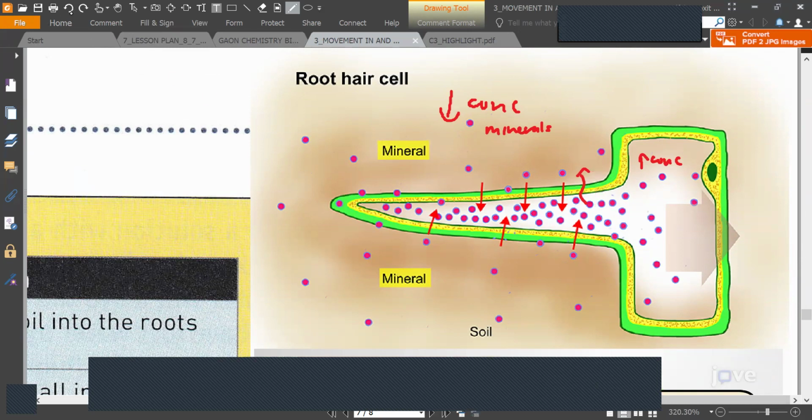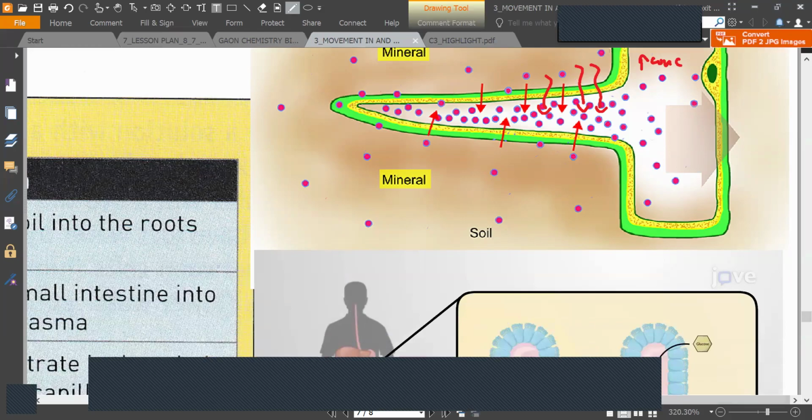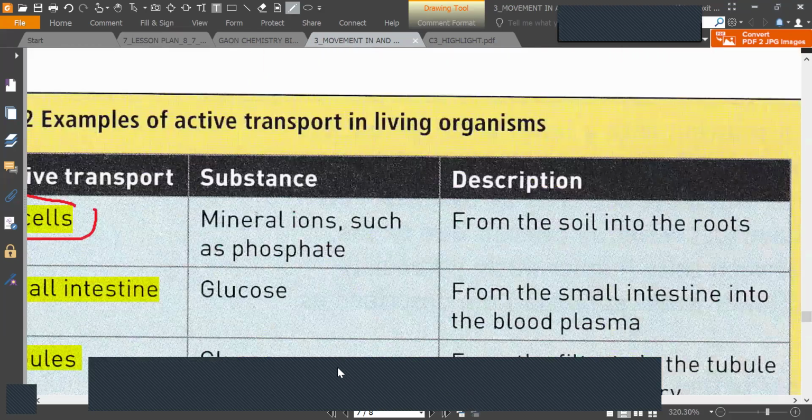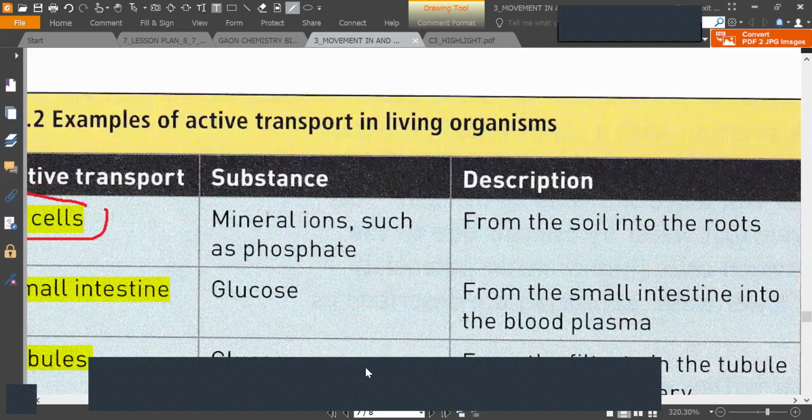But the plants don't want to lose the mineral ions, they want more. So they will use active transport to bring in the mineral ions they want, even if the outside concentration is low. So the root hair cell will bring in mineral ions such as phosphate from the soil into the roots.